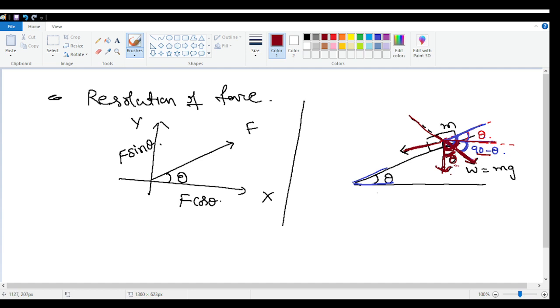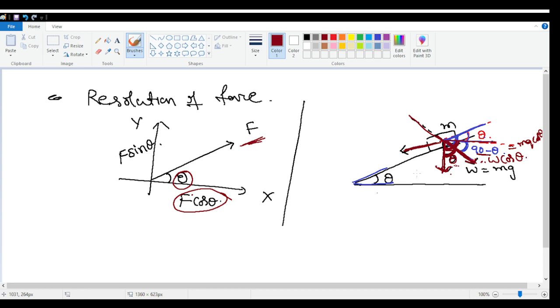Let me take the adjacent side of the weight. The adjacent side vector is F cos theta, so along this direction the weight is W cos theta, which is equal to mg cos theta.